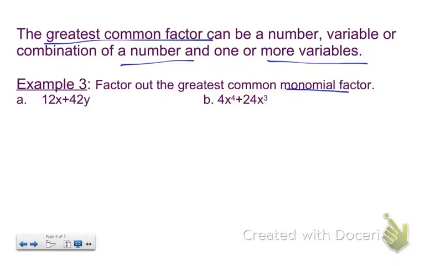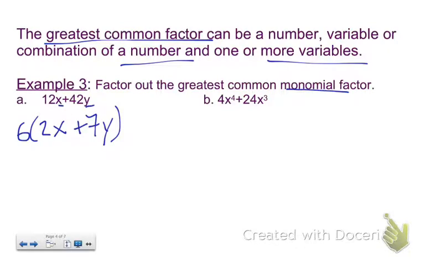So 12x plus 42y, they have two different variables, so those are going to stay. But 12 and 42 have a greatest common factor of 6, because 6 times 2 is 12, and 6 times 7 is 42. So if I take out a 6, I'm left with 2x plus 7y.